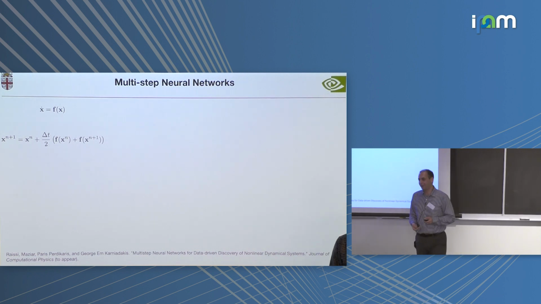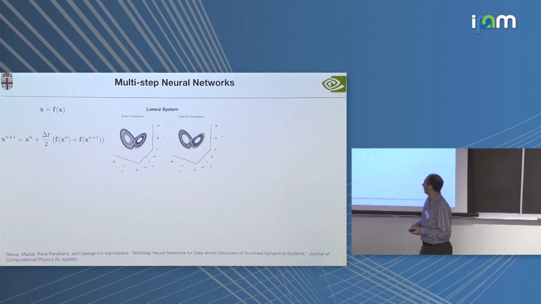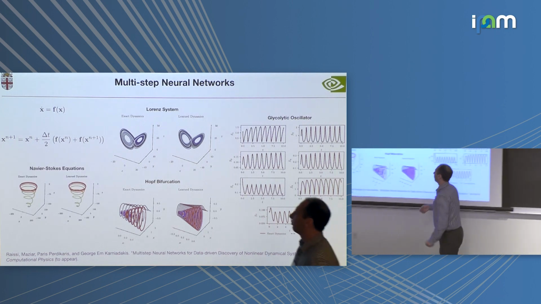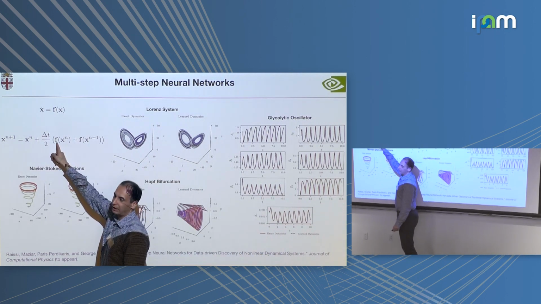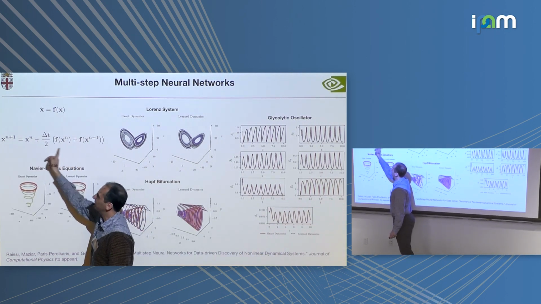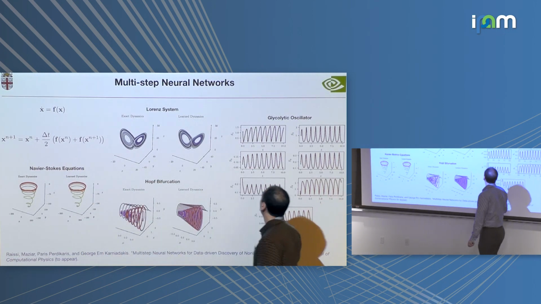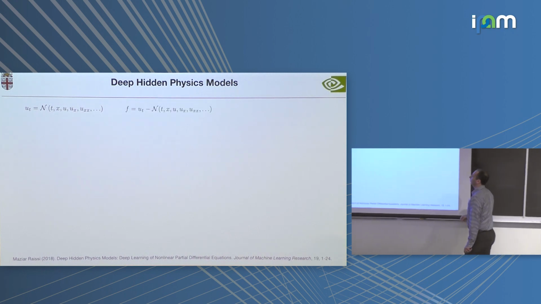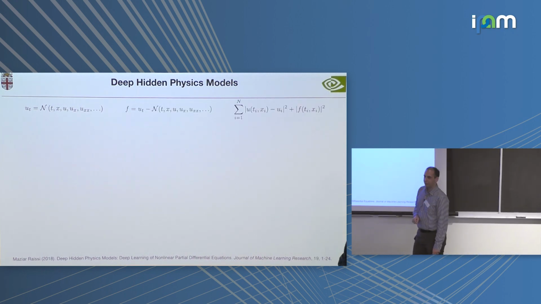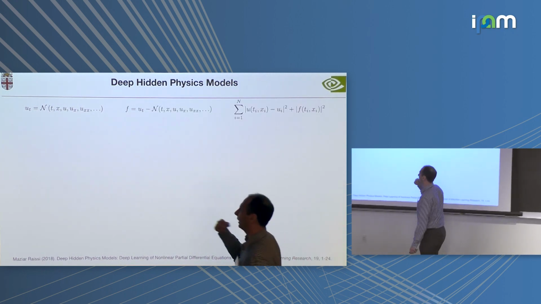You can learn dynamical systems by putting a neural network on F and learning it using a loss function that's coming out of this ODE. You can learn infinite dimensional dynamical systems. You can learn PDEs.